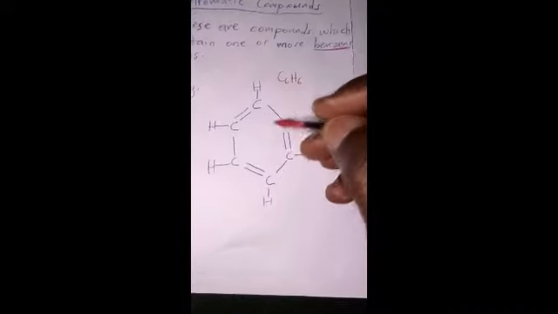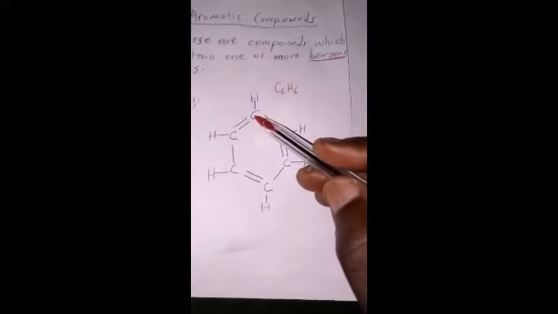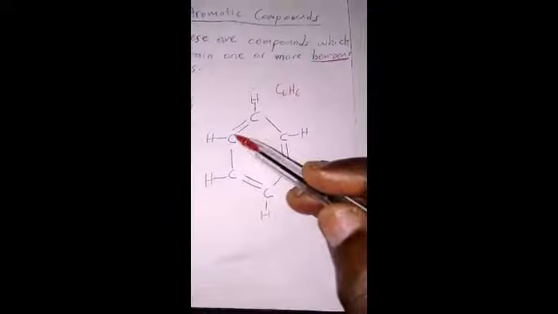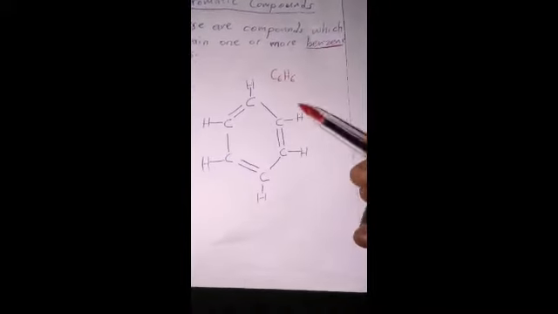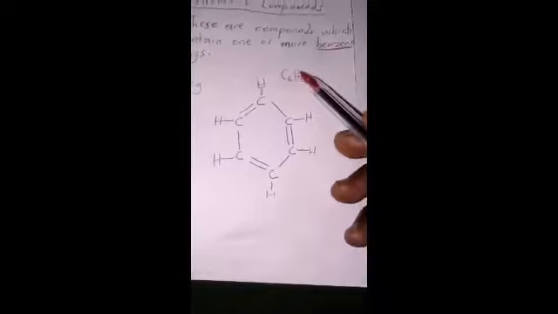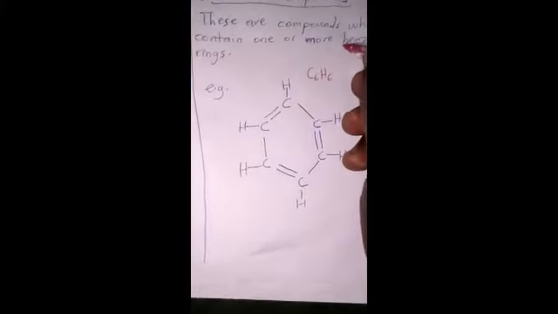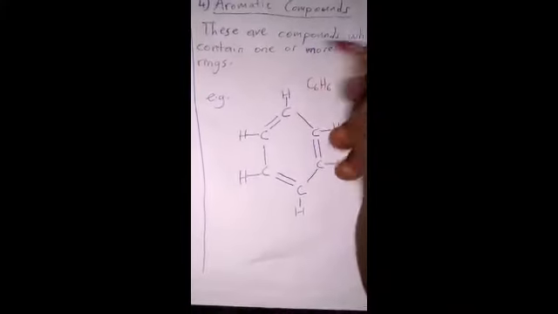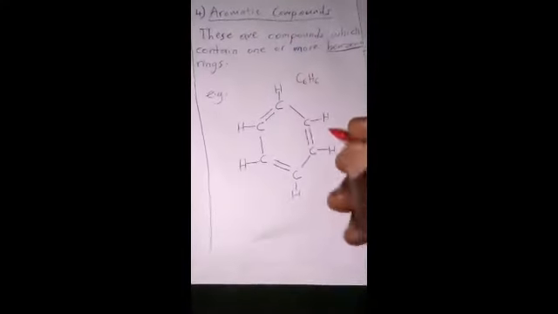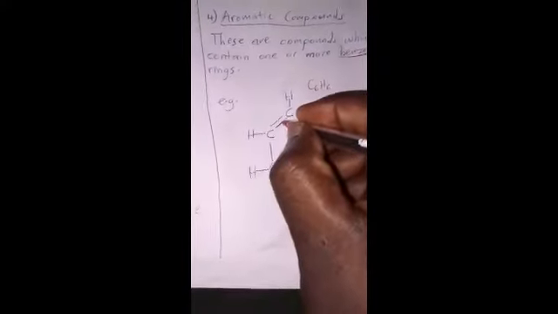The structure of benzene looks just like here. When we count, we are having carbon 1, 2, 3, 4, 5, 6, and 6 hydrogens, giving the formula for benzene. So every aromatic compound needs to have one or more benzene rings. Now, a benzene ring has alternating double bonds.